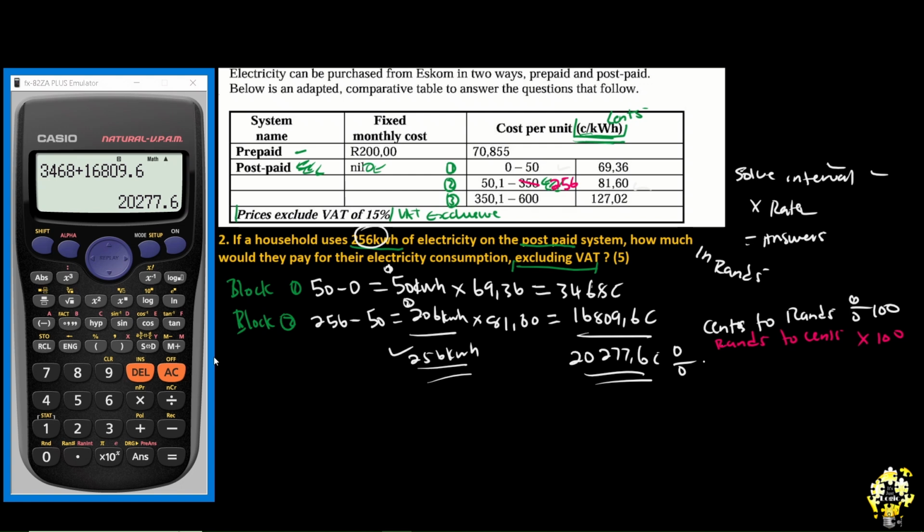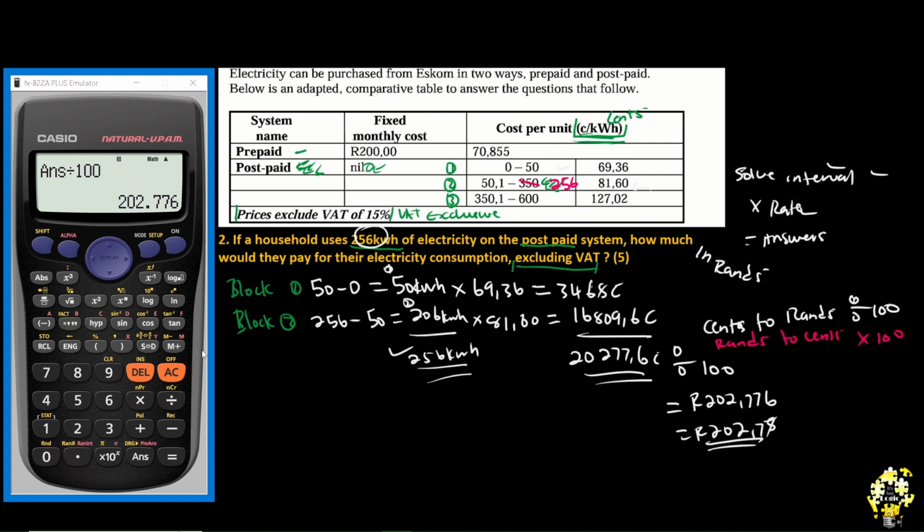So let's divide by 100 and let's see what we are going to get. 20,277.6 cents is actually 202.776 rands, which we can round off to 2 decimal places to be 202.78. It is already without VAT. They said they want it without VAT, so we leave it like that.